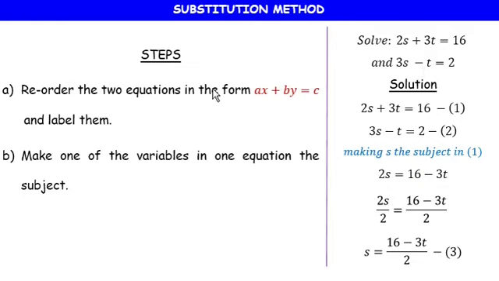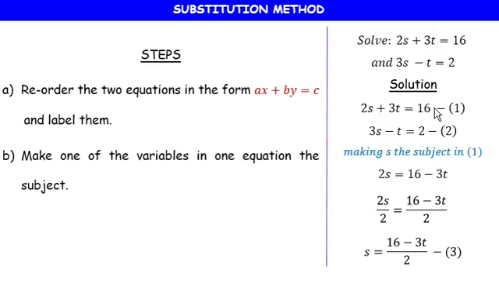We are going to repeat the same first step as we saw under the elimination method: reorder the two equations in the form ax plus by is equal to c and label them. In fact, for this one it has been well arranged for us, so there's no need to rearrange them.